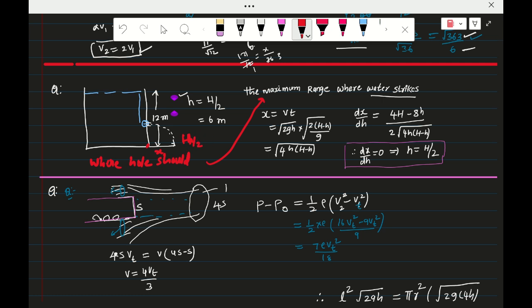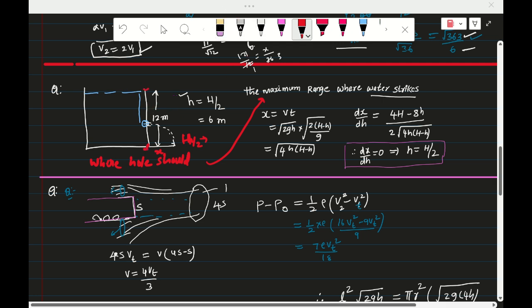If we make the hole at half that distance, it will reach the maximum range. Therefore, H is 12 meters. They have filled the water in the tank. Therefore, the required height is capital H by 2, that is 6 meters.